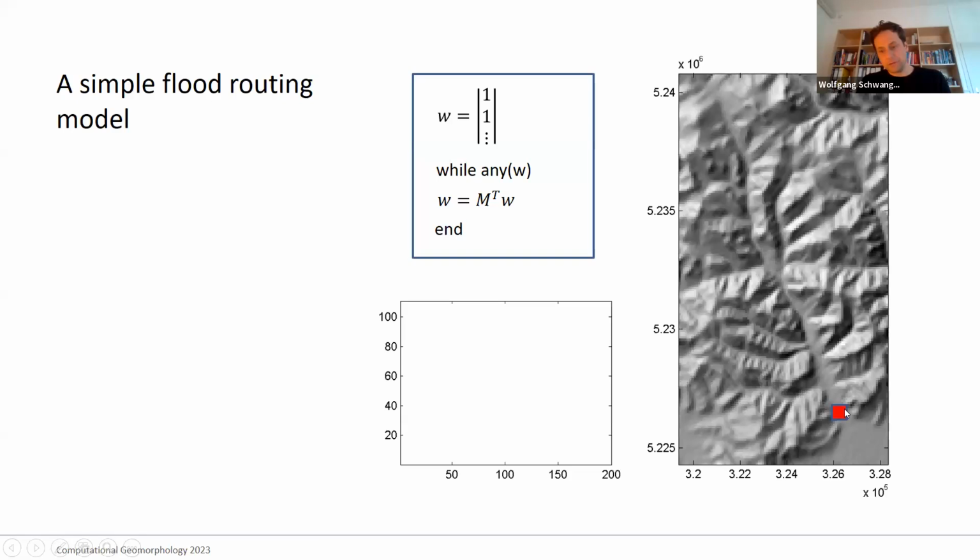So here, just for this purpose, I'm showing a graph in a second, which will be recorded at that point where this red square is. So we are going to record a runoff hydrograph, assuming however that the distance or the speed at each cell is the same.